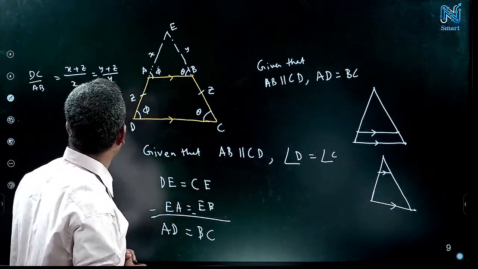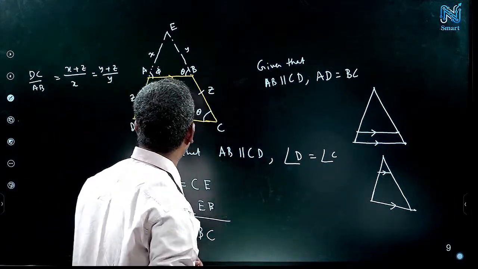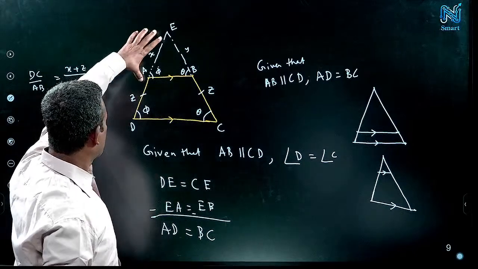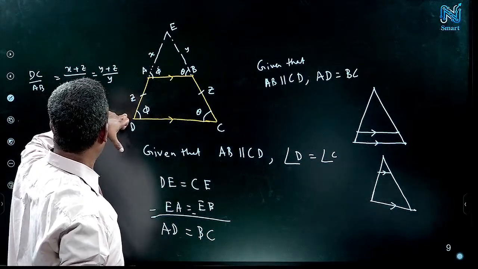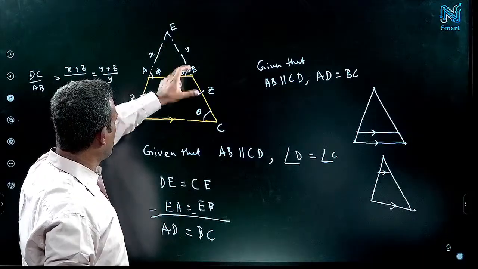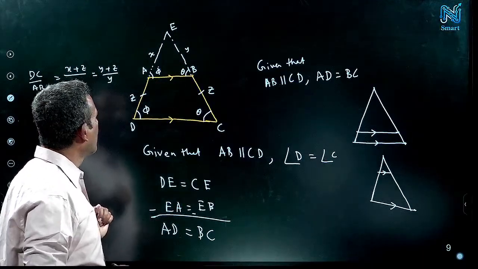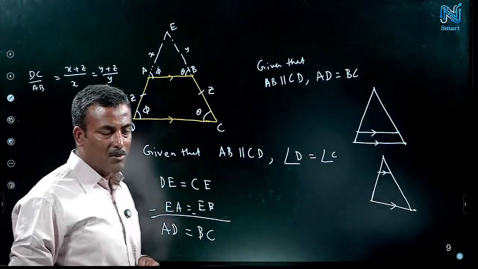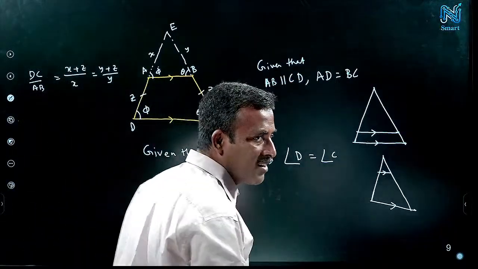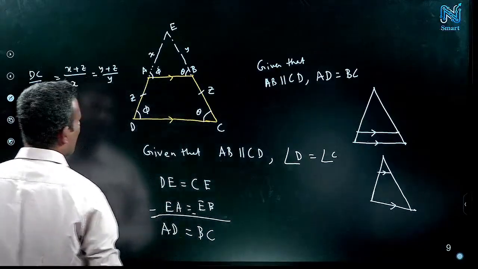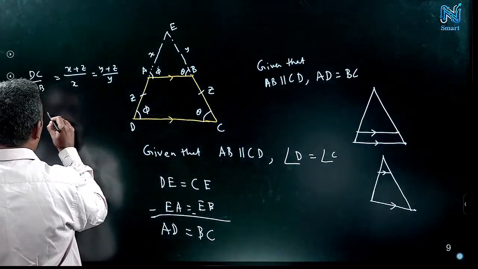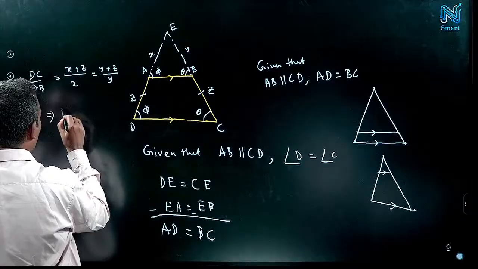Then this plus this, the whole thing by x is equal to this whole thing by y. Now subtract 1 from both ratios. What happened? Subtract 1 from both ratios.